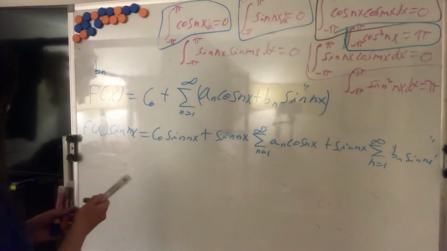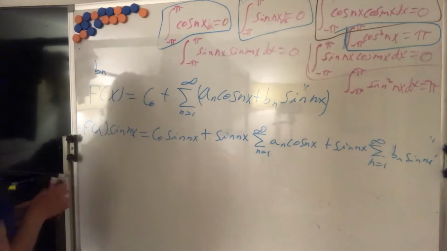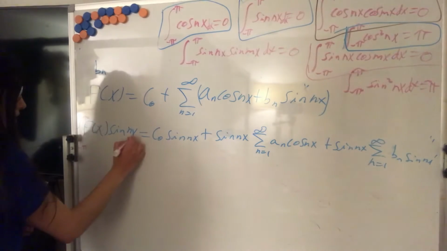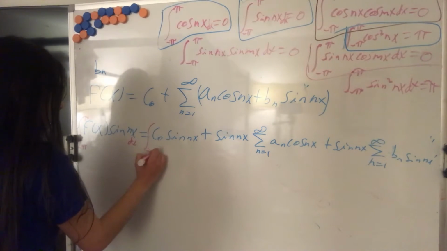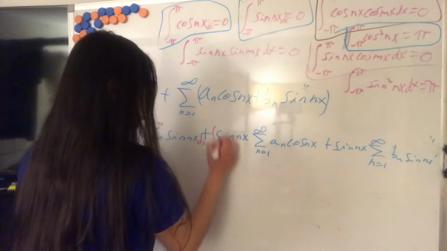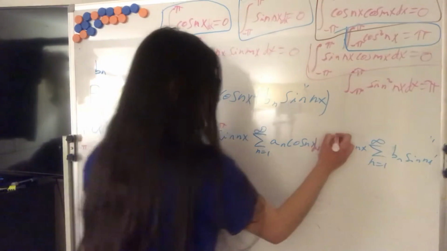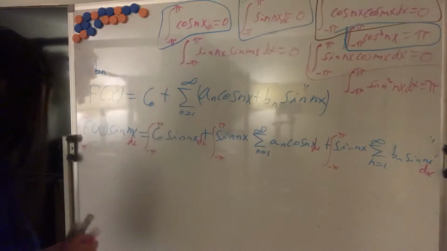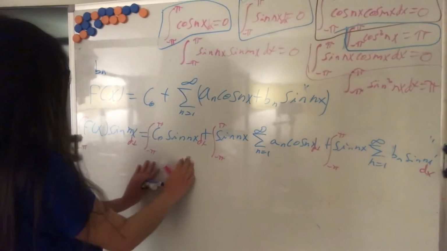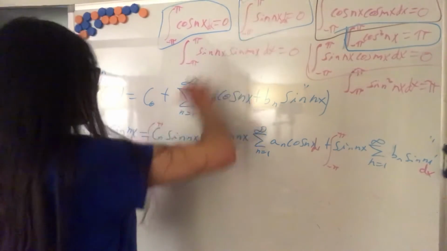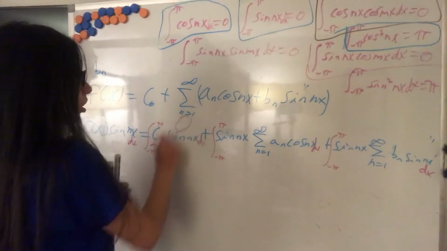So let's take the definite integral from minus pi to pi dx. Here we also take out the constant and we just have this same term, so this would go to 0.